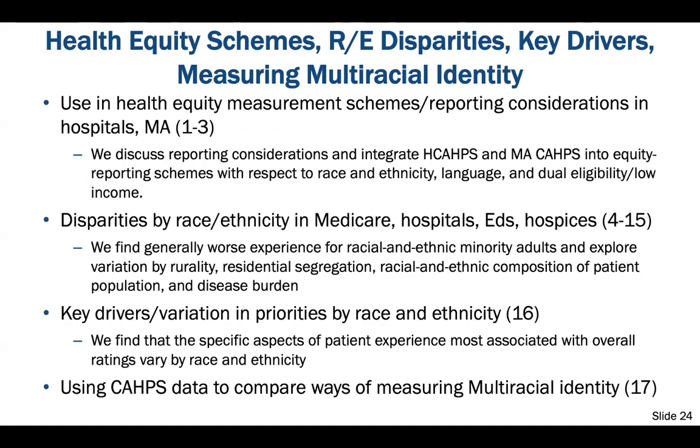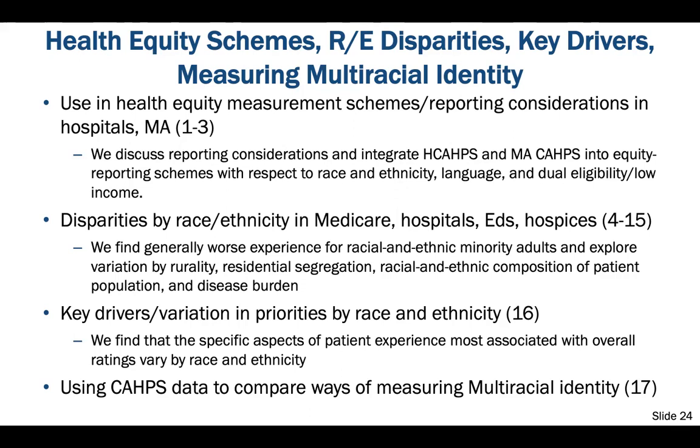One area is developing health equity measurement schemes like the health equity summary score, and there have been a couple of papers on a bibliography I circulated that look at how you might use hospital CAHPS or MA CAHPS scores in equity reporting schemes. And in various versions of this, we look at patterns by race and ethnicity, by language, by dual eligibility.